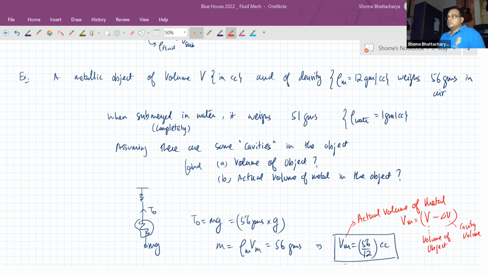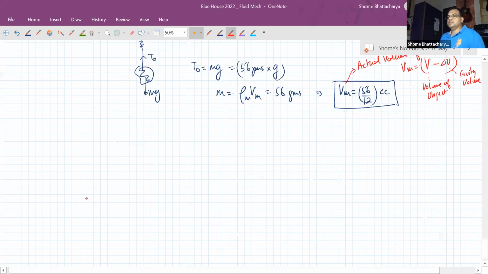Okay, so next up, if you look at what's happening when we repeat this whole weighing of the object, but underwater. Obviously, what we're measuring as the weight is the tension in the spring balance.